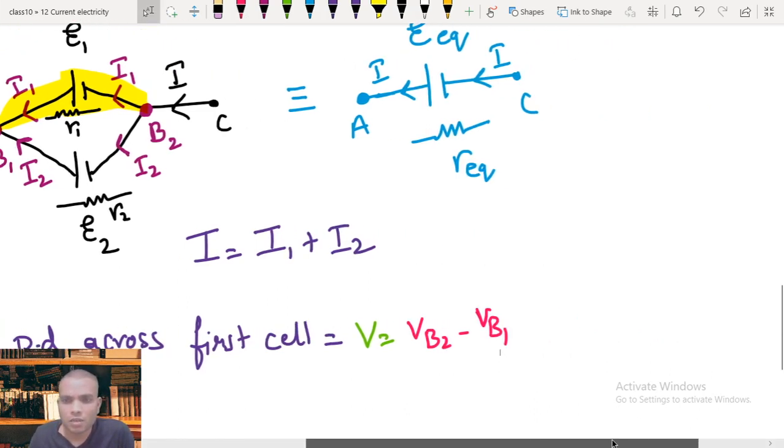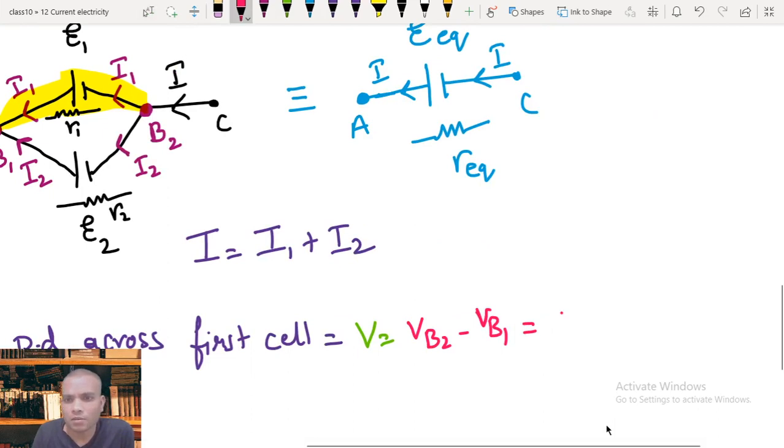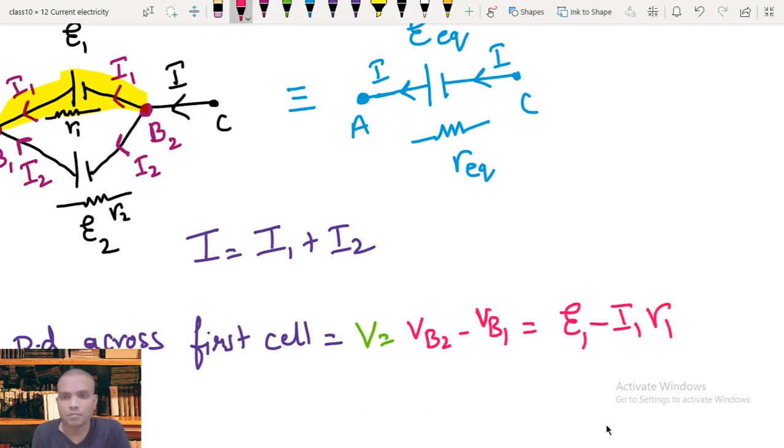So what is the potential difference formula? We write the same for the first cell: V equals the EMF of the first cell minus the current in the first cell, here I1, times the internal resistance of the first cell, R1. So V equals E1 minus I1 times R1.